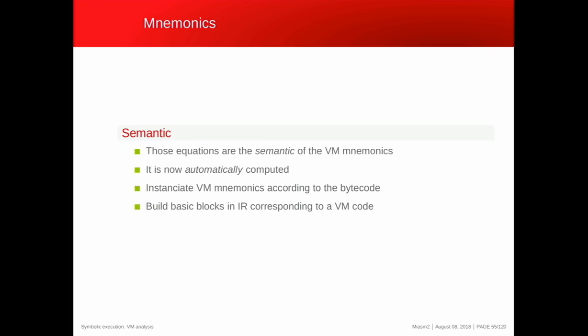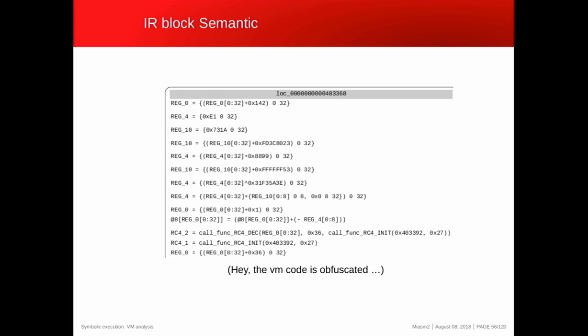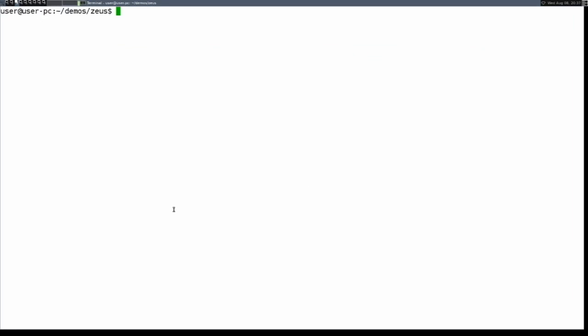Now the interesting thing is that we can disassemble the bytecode, re-inject the generic equations, and instantiate them using the native bytecode. So we can get back the intermediate representation of the VM bytecode. So when we disassemble this, we will do a demo of this.